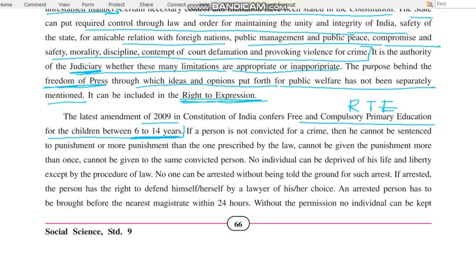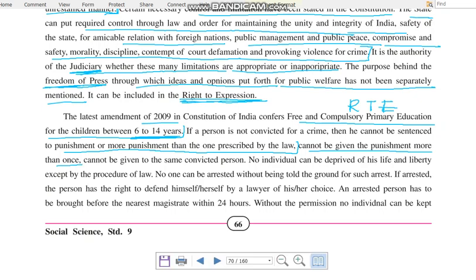If a person is not convicted for a crime, then he cannot be sentenced to punishment, or more punishment than the one prescribed by law. You cannot be given punishment more than once. No individual can be deprived of life and liberty except by the procedure of law.